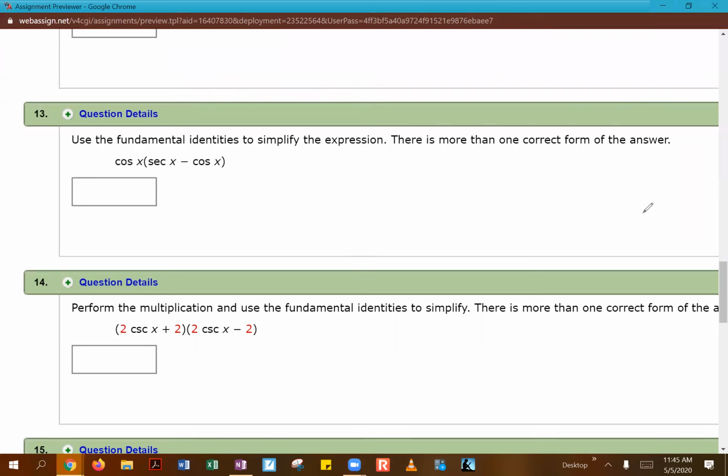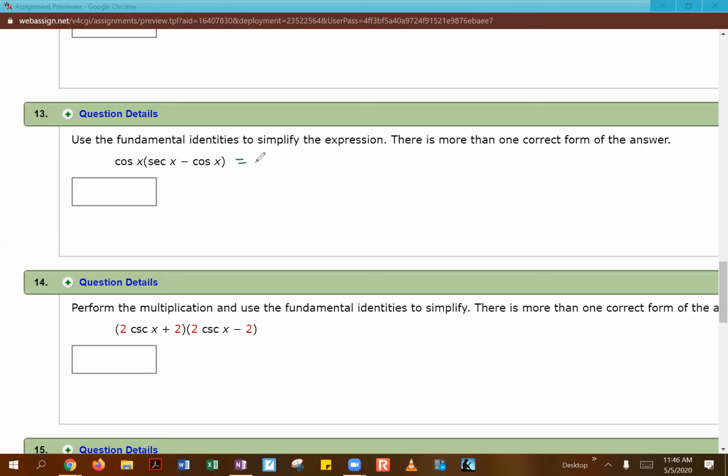What will you guys do for number 13 over here? Secant minus cosine. Let me see. Would I turn the secant into 1 over cosine?